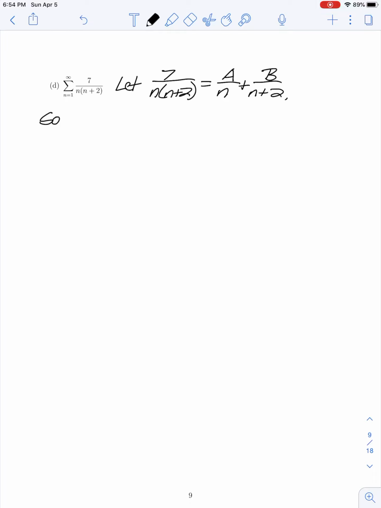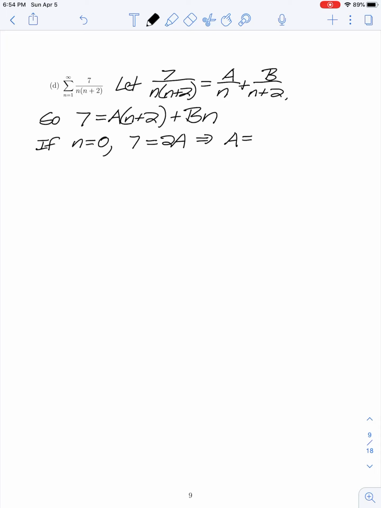So to solve for our coefficients, we could multiply through by the common denominator, and we have 7 is equal to a times n plus 2 plus b times n. So to solve for our constants, if I want to solve for a, if I choose n as 0, our equation is 7 is equal to 2a, which implies that a is 7/2.